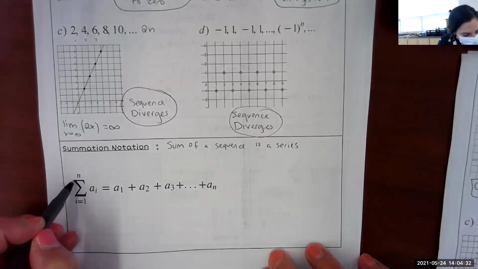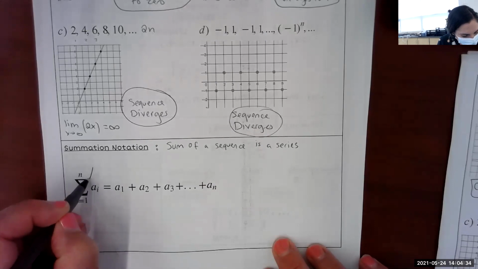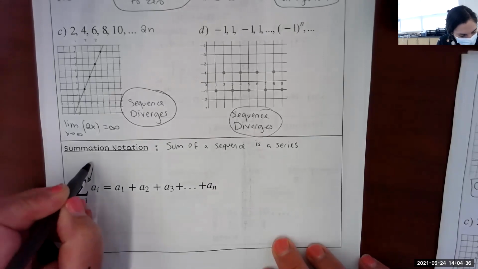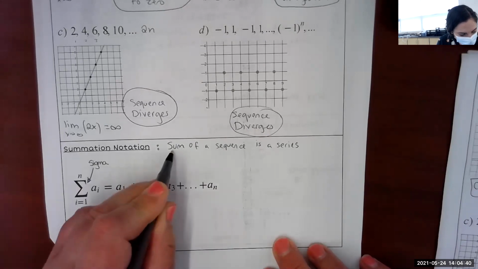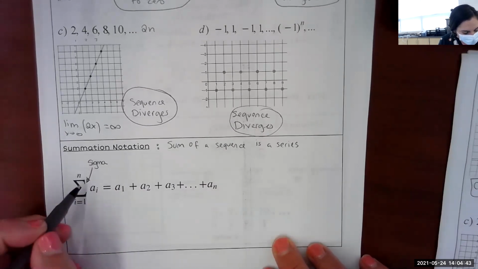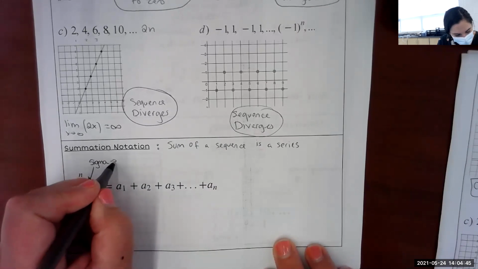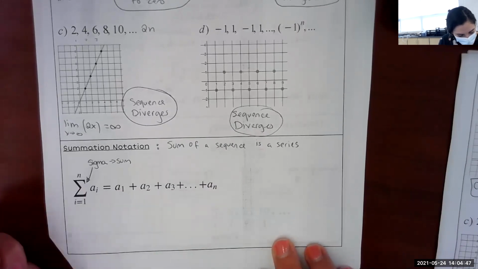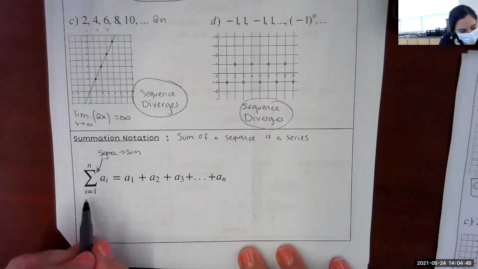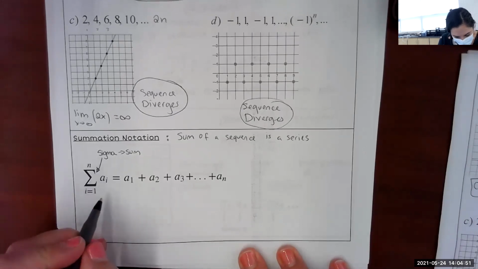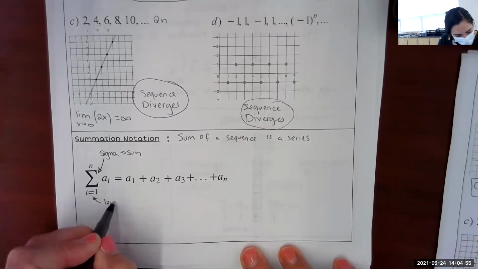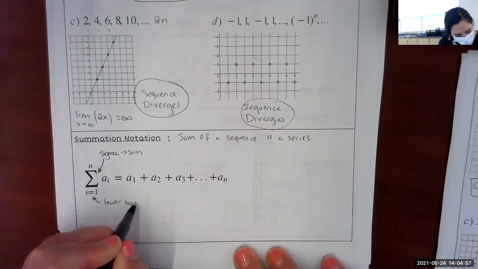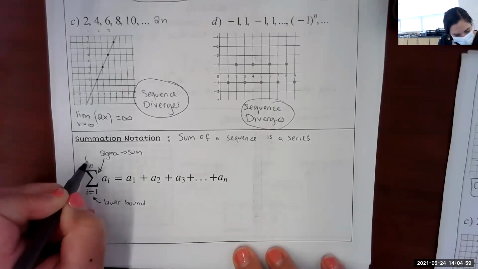This letter, which kind of looks like an E, is actually a Greek S, sigma. They use that because it's S for sum. So this is sigma, and it just means the sum. This little i equals 1 here is the lower bound, and then the n is the upper bound.